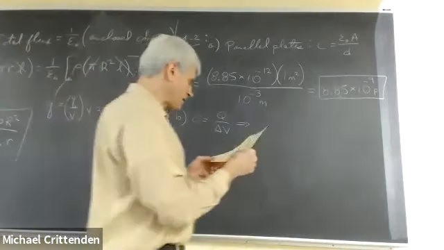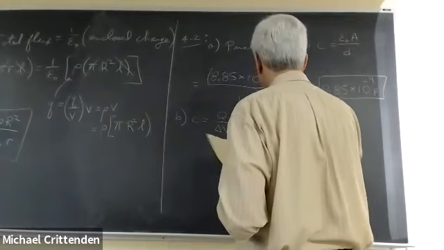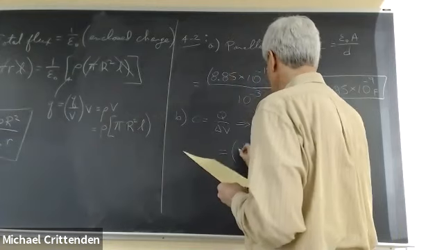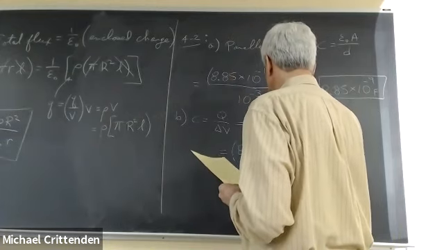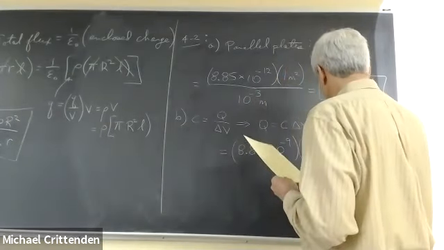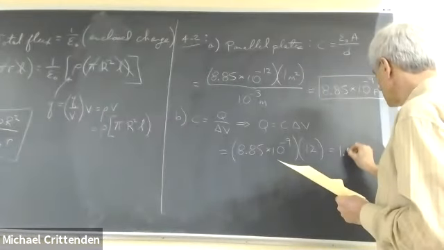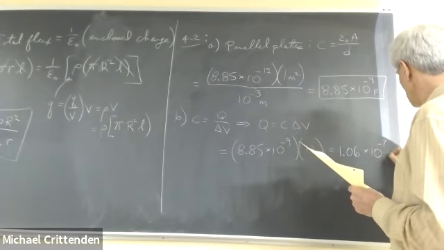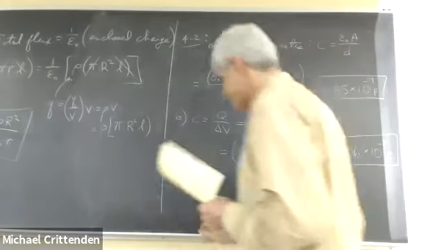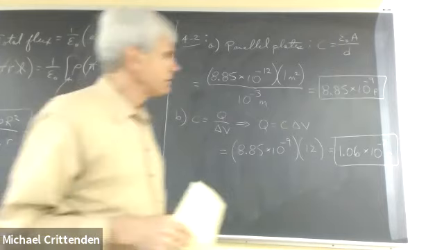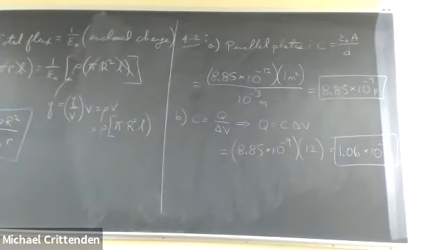So multiply both sides by delta V. Fill in the numbers. .06 times 10 to the negative 7 coulombs. A little over a tenth of a microcoulomb.